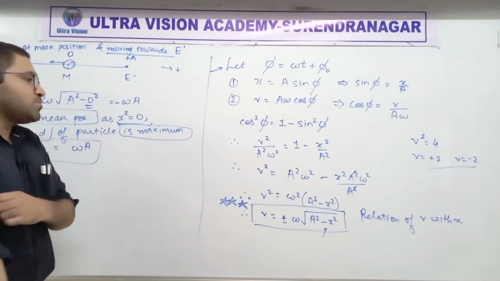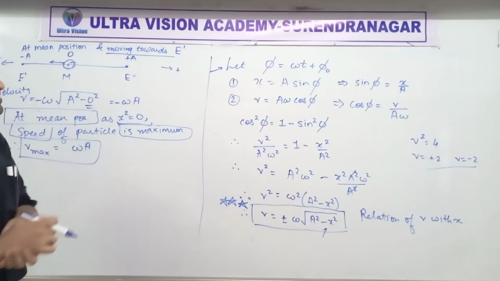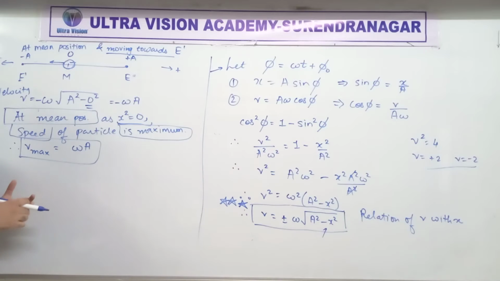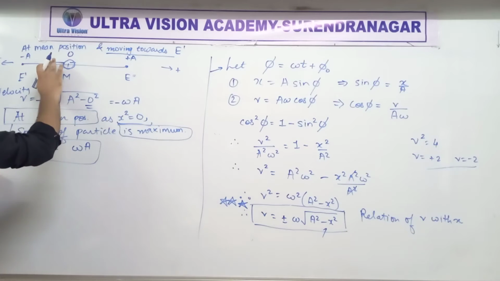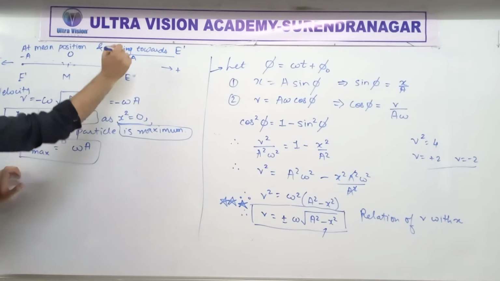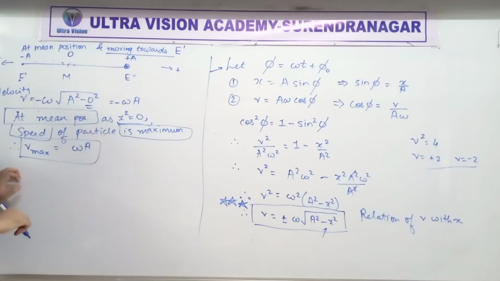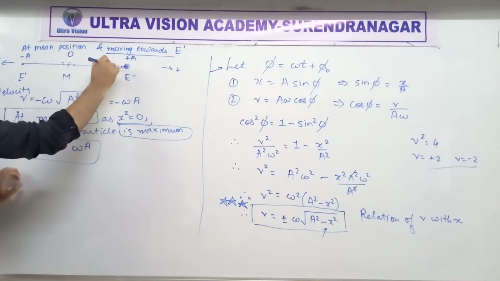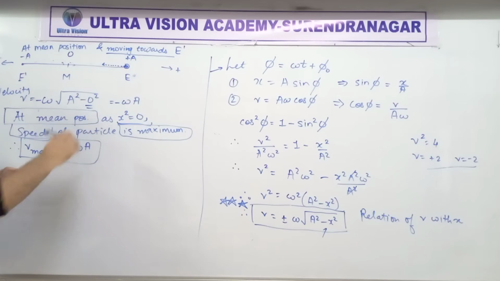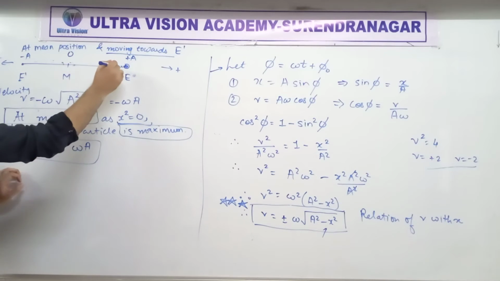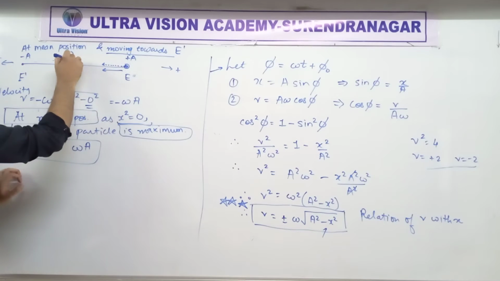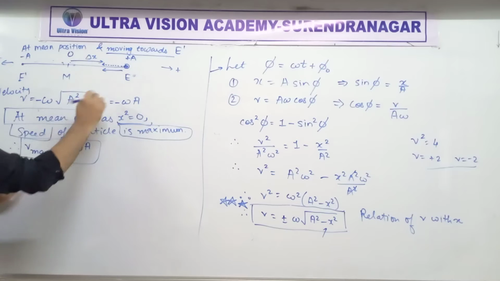One more thing. All this is from maths, fine. But if you want to get the reason based on physics, that is why speed is maximum here, there are various ways to explain. Suppose at some point of time the particle was here and now it has started to move towards left side. As it moves towards left side, the restoring force will also be towards left side because displacement is right side.